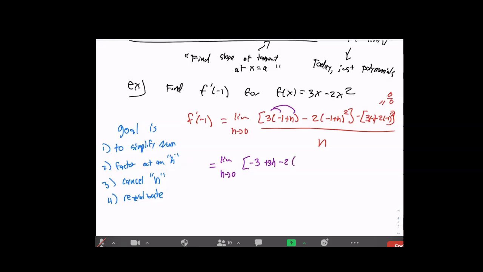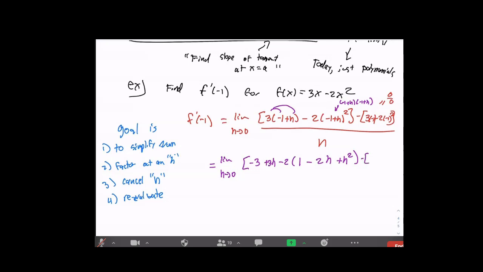That's just your algebra. That gives me 1 minus 2h plus h squared. If you're having trouble seeing how I got 1 minus 2h plus h squared, I just did FOIL.